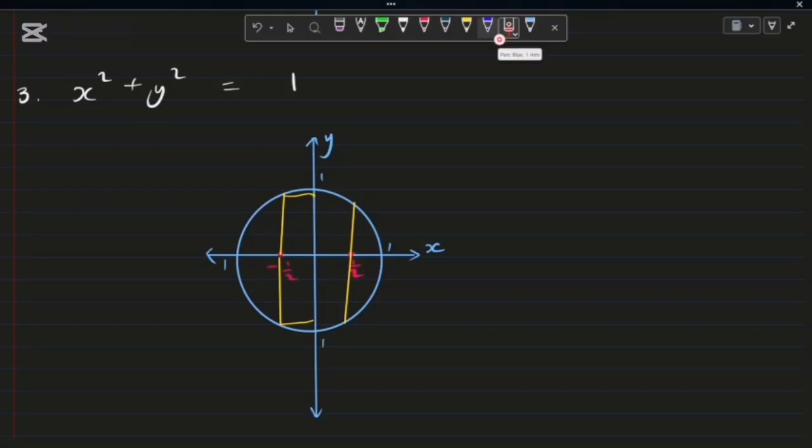And that is not what a function is, because remember, we are not allowed to share x values. So in this particular situation, we already know that this is not a function because we have two y values that are sharing the same x value.